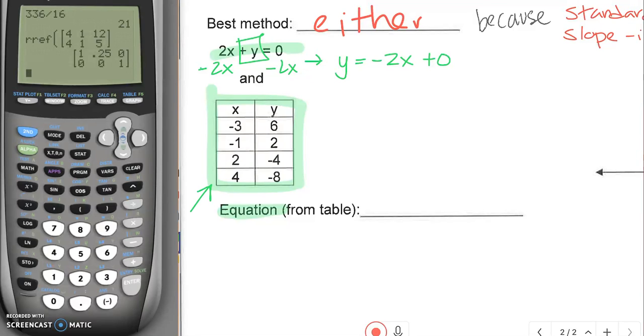And then I want to do the same, but how do I go from a table to getting my equation? We're going to use stat. So we're going to use stat edit to get that. So I go to stat on my calculator, click enter, and we're going to put in exactly what we've got.